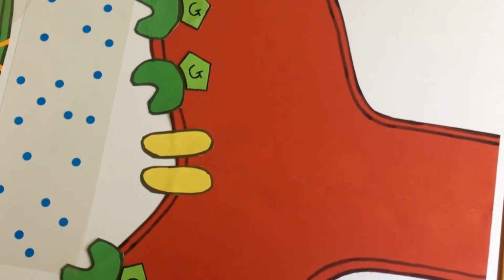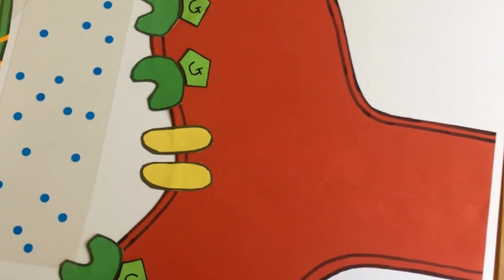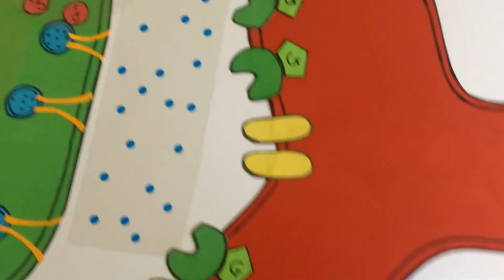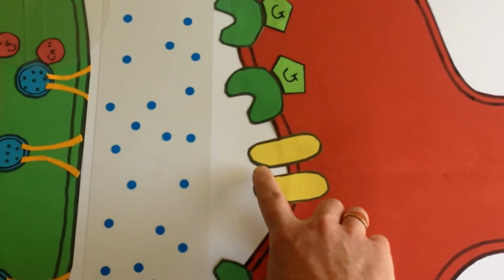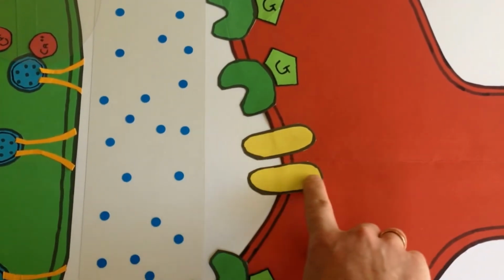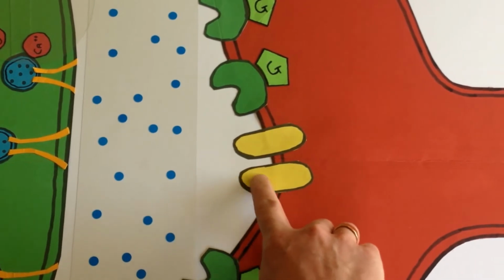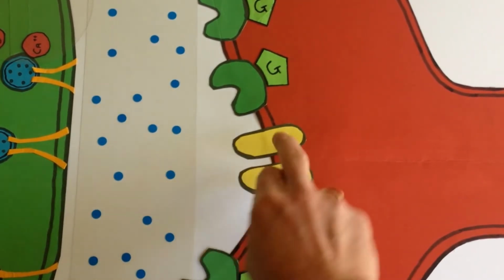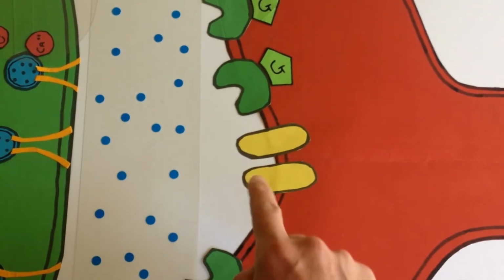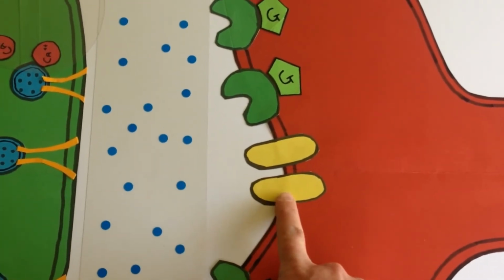So let's think about acetylcholine then. If you imagine that these are acetylcholine, acetylcholine will then bind to these particular receptor sites. Sometimes the channels themselves have got receptor sites on them, and when the neurotransmitter binds to the receptor site, it causes the channel to open. Some channels do not have receptor sites.